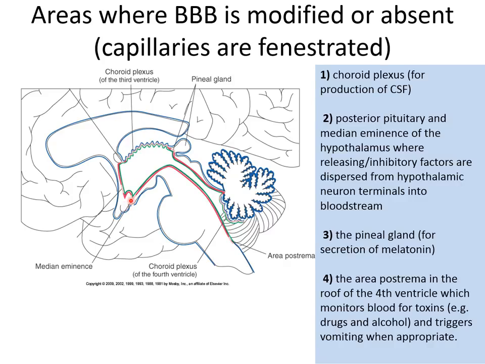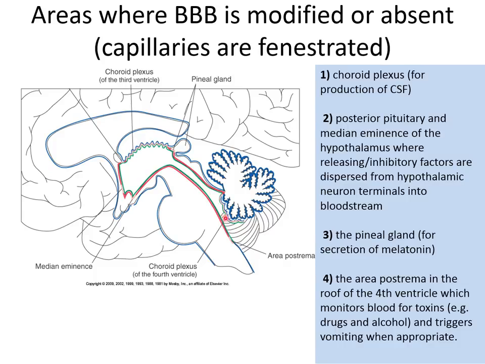We also see the pineal gland that is just in this region, just above the midbrain, also has a modified blood-brain barrier so that there's movement of melatonin into the brain more readily.